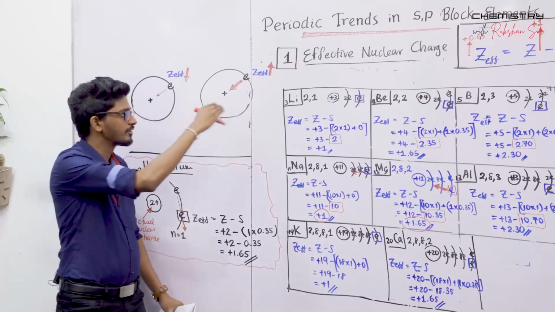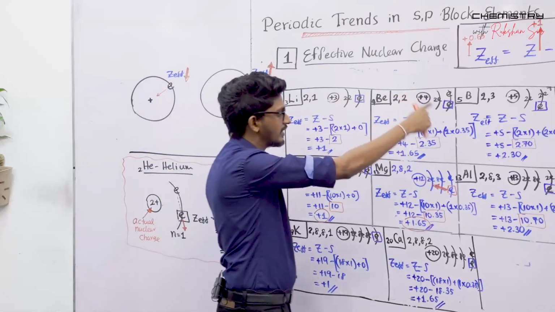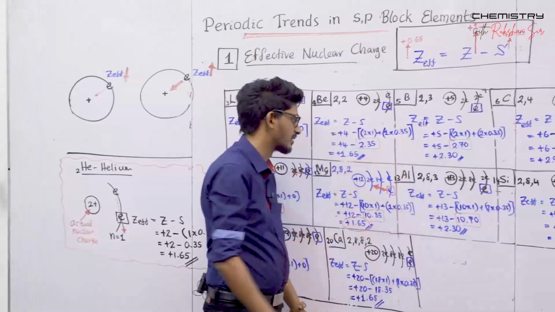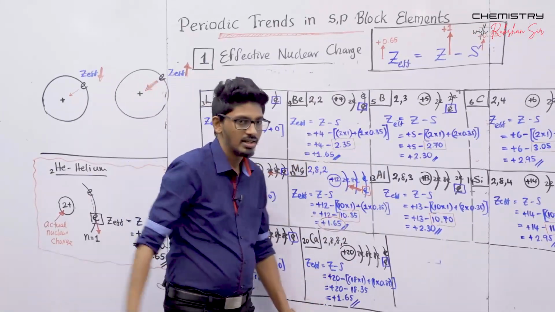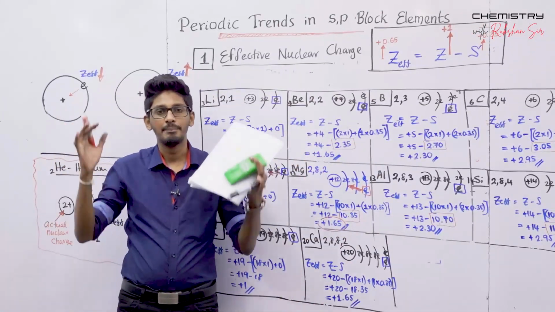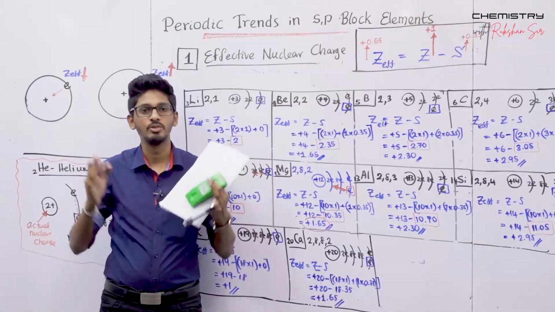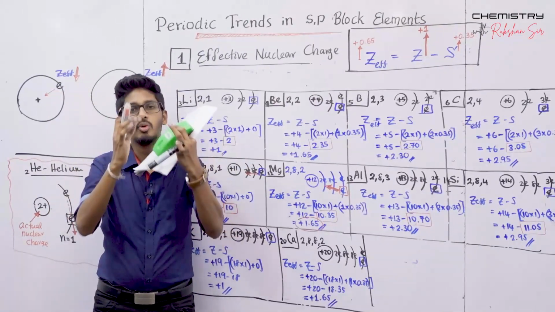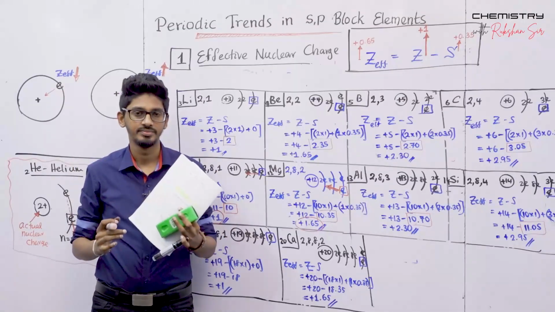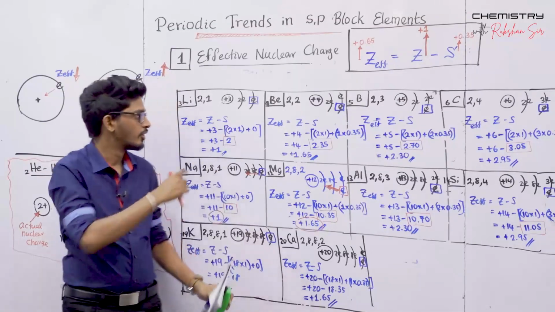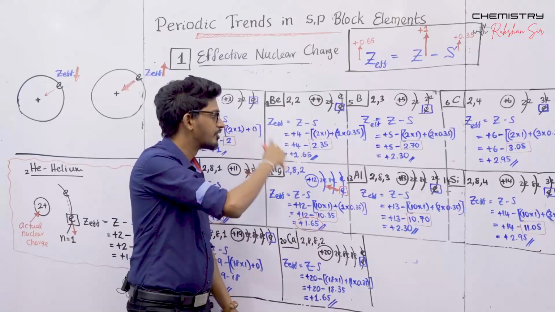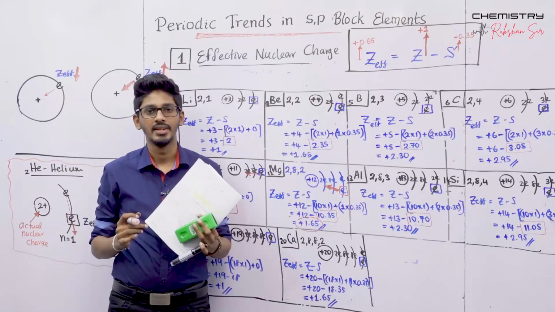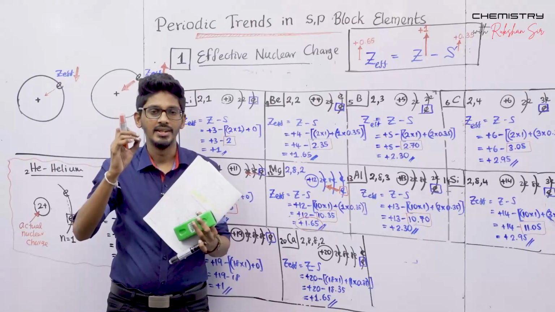So when going towards the right of a period, as the affinity charge increases, the valence shell electrons feel a much greater charge from the nucleus. That means they will be attracted heavily towards the nucleus, making them smaller species. So going towards the right of a period, atoms become smaller.